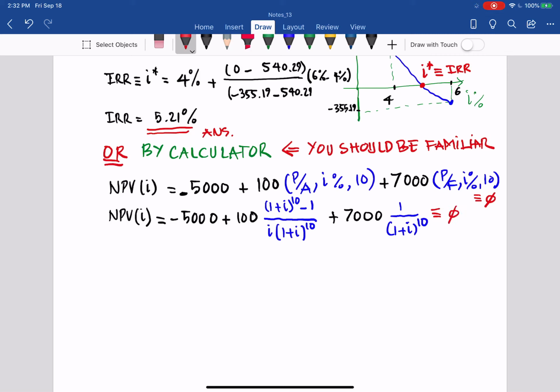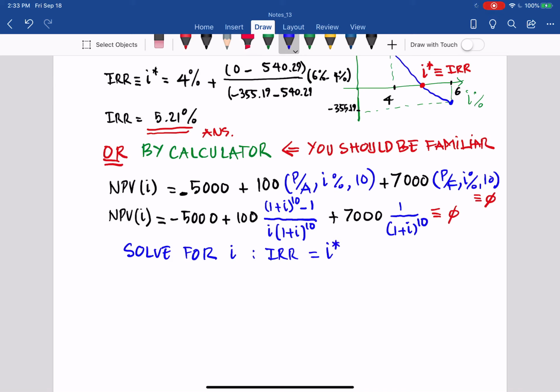So with that you can solve for I, and that is the IRR, with whatever calculator you have.